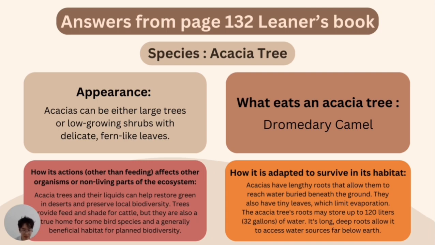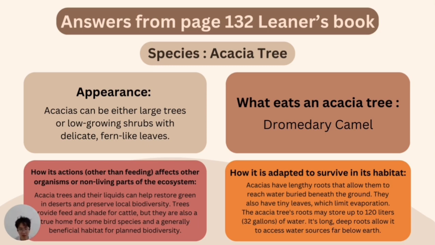How its actions other than feeding affect other organisms or non-living parts of the ecosystem: acacia trees can help restore greenery in deserts and preserve local biodiversity. Trees provide feed and shade for cattle, but they are also a true home for other bird species and generally beneficial to the habitat for plant biodiversity.